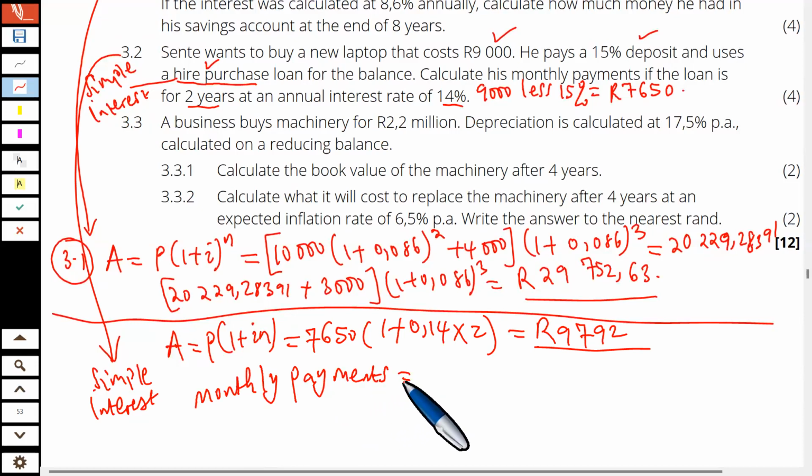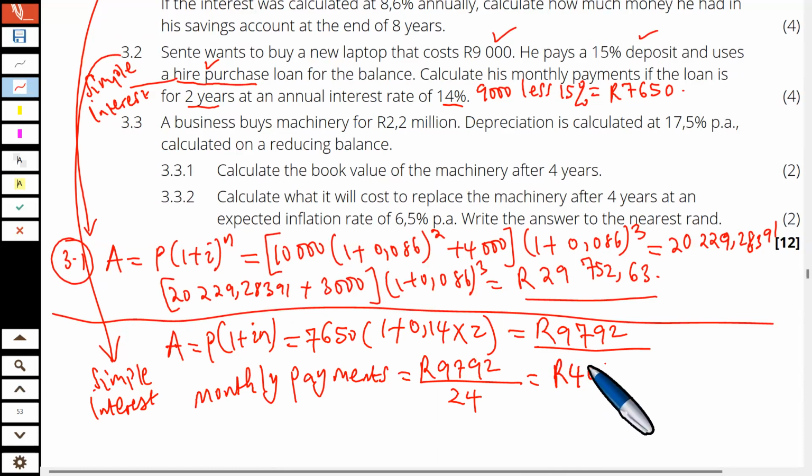So the monthly payments are going to be the 9,792 divided by 24 for the 2 years, because it's 24 months. And therefore it's 408 monthly. So he's going to pay that amount of money, 408 monthly. Okay, so that is what we obtained there. Next question.